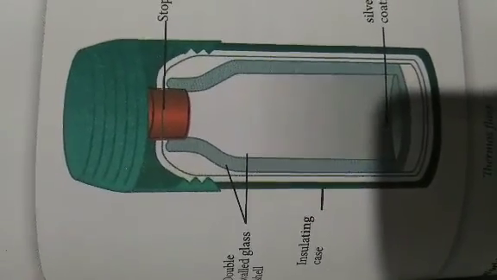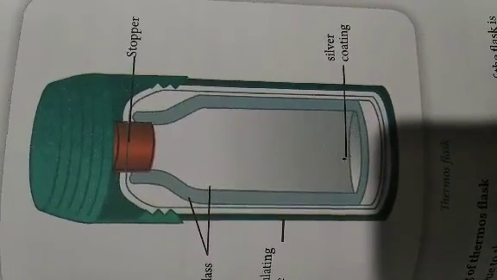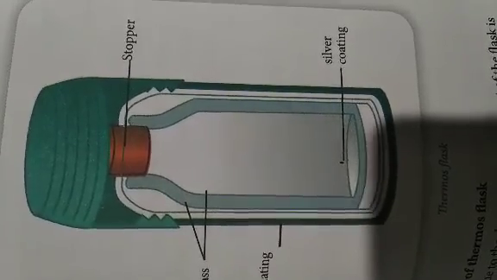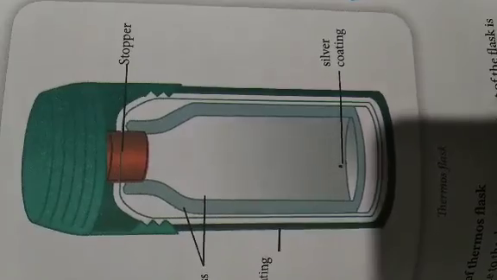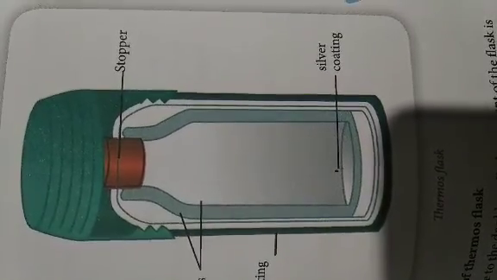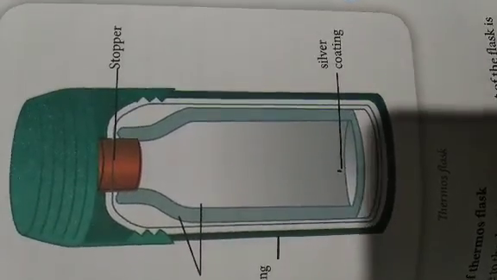The silvered outer surface of the inner wall of the glass vessel acts as a bad radiator and hence it does not radiate heat. The silvered inner surface of the outer wall of the glass vessel acts as a good reflector of heat and hence it does not absorb any heat.